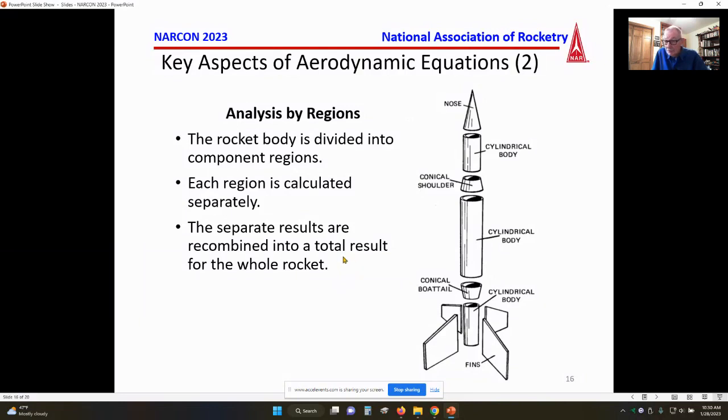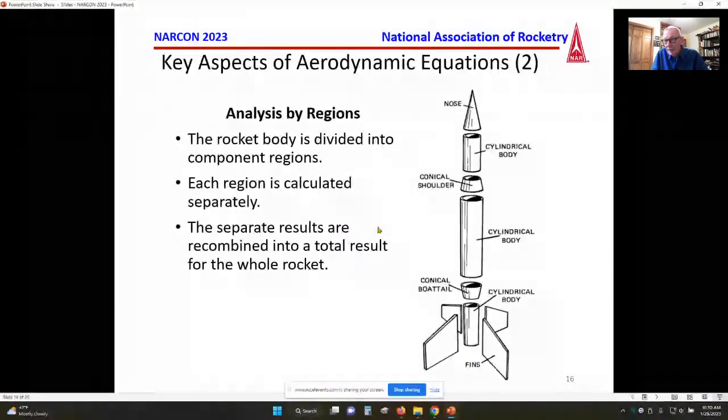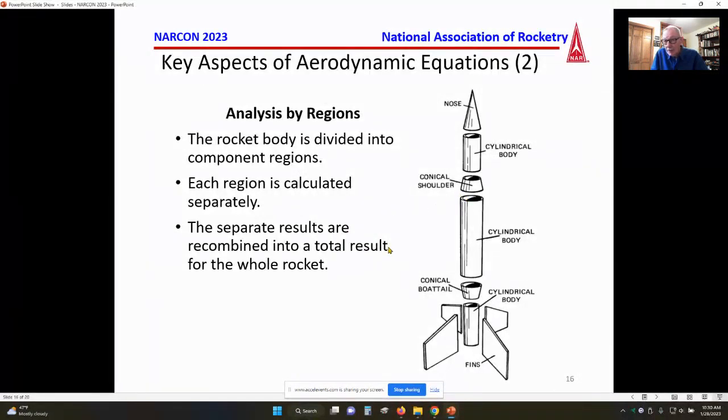And they're interesting to see how they operate, because you'll find that with a rocket like that, the nose is at a different angle of attack than the fins and other parts of the body. And that's what makes super rocks so much fun, is that they don't really act like a normal model rocket. But you can take these separate results, just like you could for a center of gravity, and combine them into a single value for the center of pressure for the whole rocket.